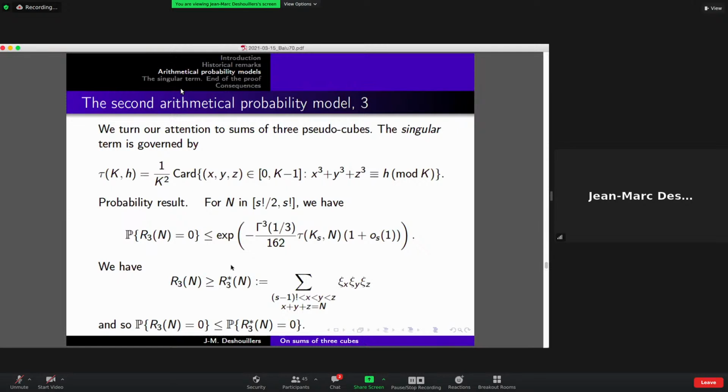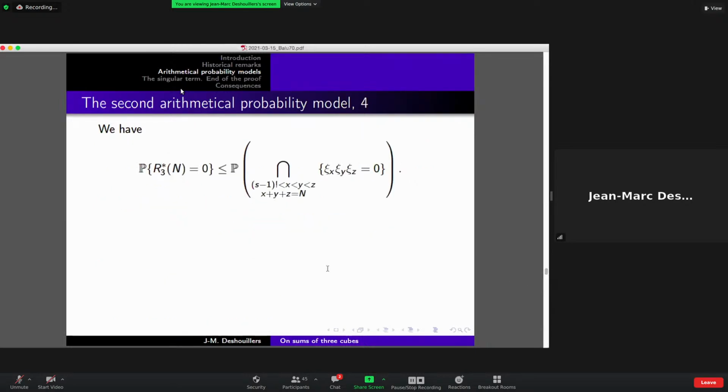Now you also understand where the s factorial over 2 comes from. If you take a number which is too close to s-1 factorial, then you don't have much margin for writing it as the sum of 3 pseudo cubes which are larger than s-1 factorial. But this is really just an artifact, and we are working on correcting that.